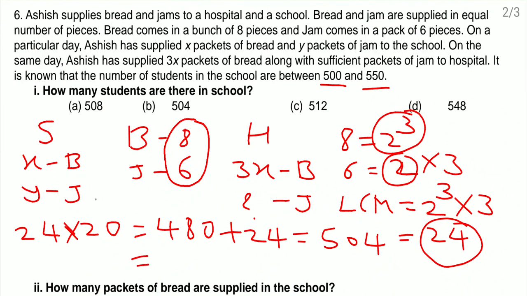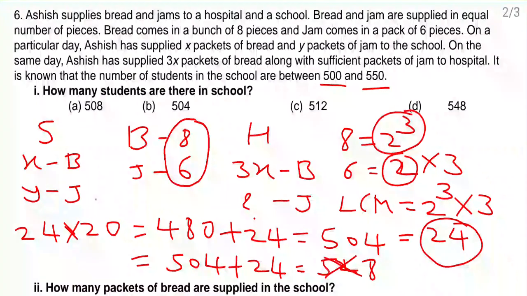There is a possibility of another number also. 504 plus 24 gives 528, which is also between 500 and 550, but this option is not there, so it is cancelled. The next one, if I add 24, goes above 550, so that is not applicable. So our answer is 504 students in the school. Option B is the correct one.